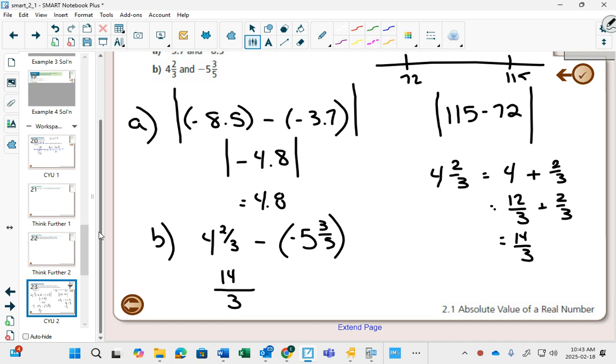Now, when changing a mixed fraction to an improper fraction, most of us have learned that shortcut where you say, well, this 4 times 3 is 12. That's because that 4 is 12 over 3. And then you have to add the 2 to get 14 over 3. Minus a negative will be plus. Here, 5 times 5 is 25. This will be 28 over 5.